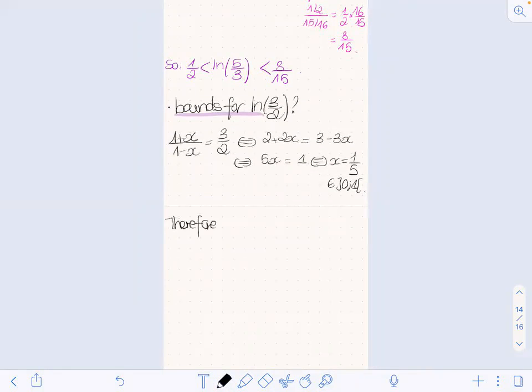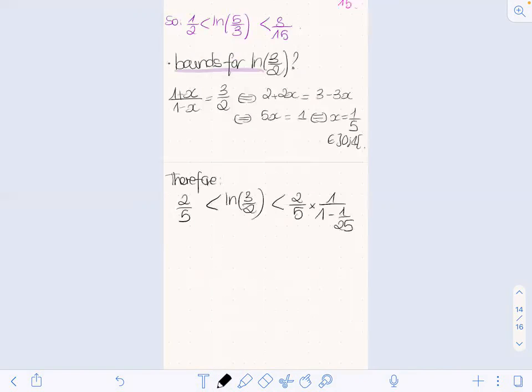So we can apply the inequality above. Therefore, logarithm of 3 over 2 will be greater than 2 over 5. And on the right hand side, you'll have 2 over 5 times 1 divided by 1 minus 1/25.